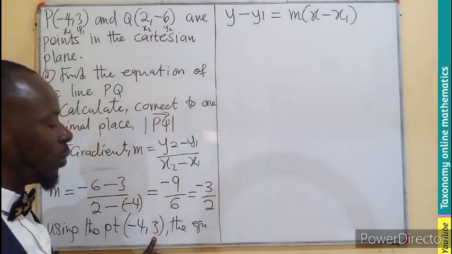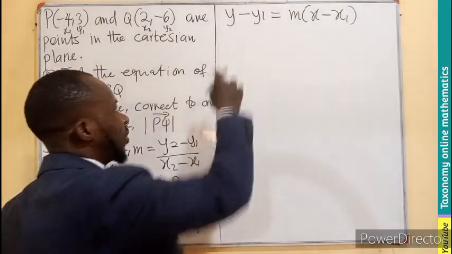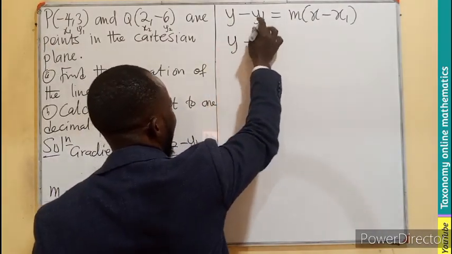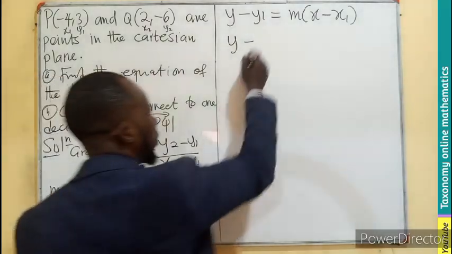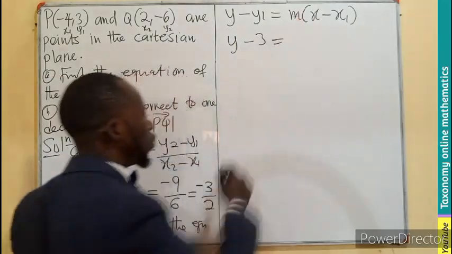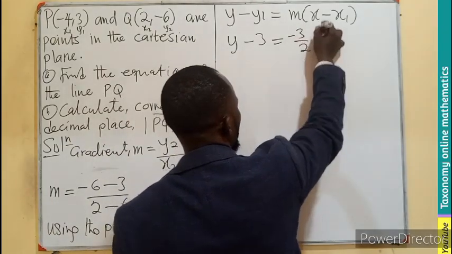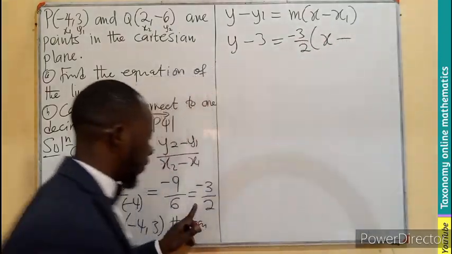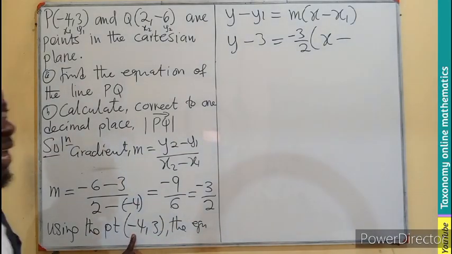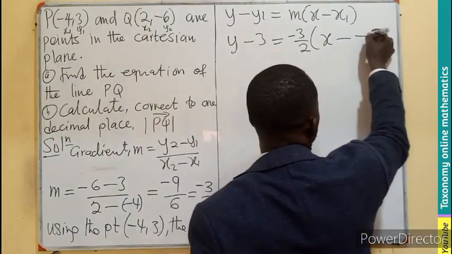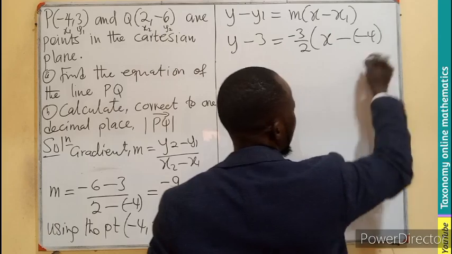Then the y1 will be 3. So let's do substitution. y minus y1, which will be 3, equals the gradient, which we found as minus 3 on 2, the x will be there, minus the x1, which is still minus 4.